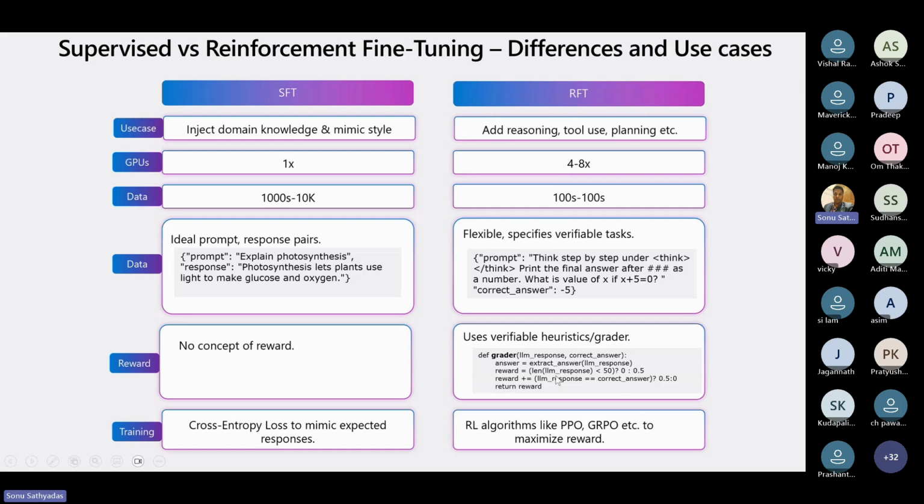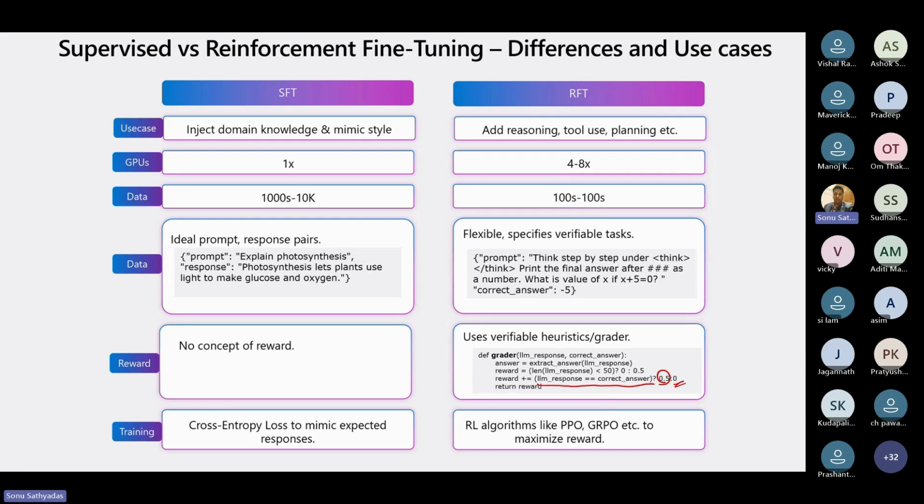Here you can see it is giving a reward point. So reward plus equals the LLM response: if it is equal to the correct answer, then 0.5. Otherwise, 0. Then training is cross entropy loss to mimic expected responses.